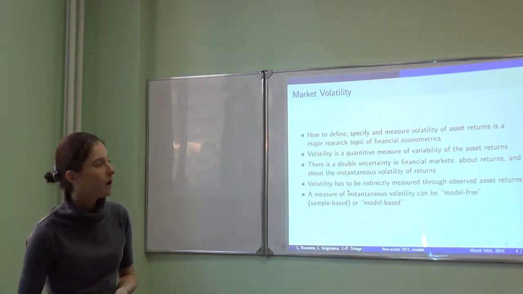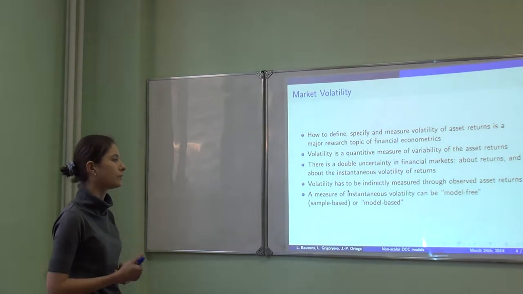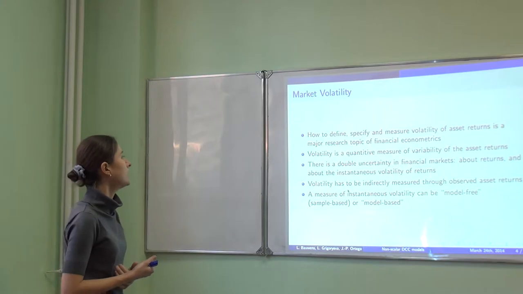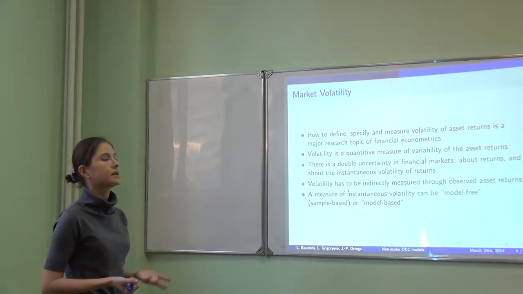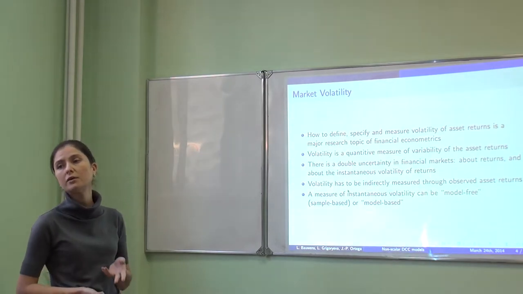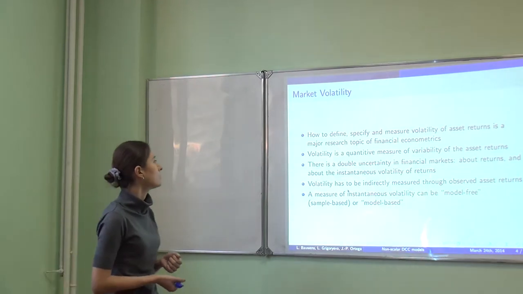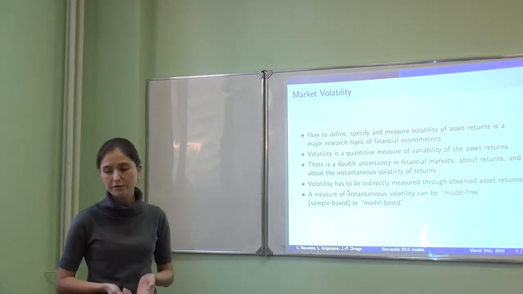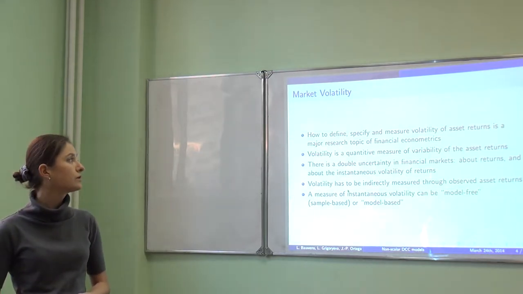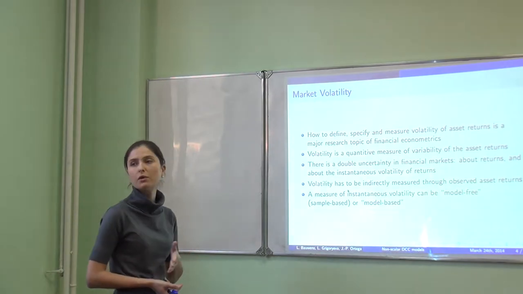So what is the market volatility? What is the rationale behind why we really do what we do, and why we're interested in volatility itself? The main topic, I would say, of financial econometrics as a whole is how to define, specify, and, what is important, measure volatility of asset returns. Volatility is, of course, a quantitative measure of the variability of our asset returns, and there is also a so-called double uncertainty in financial markets about volatility.